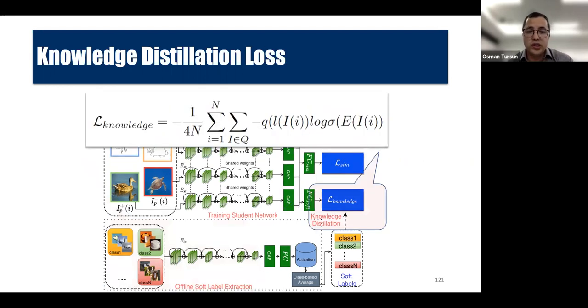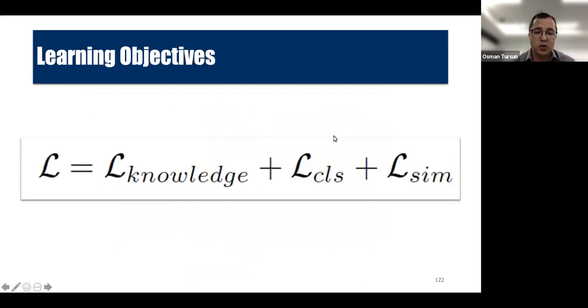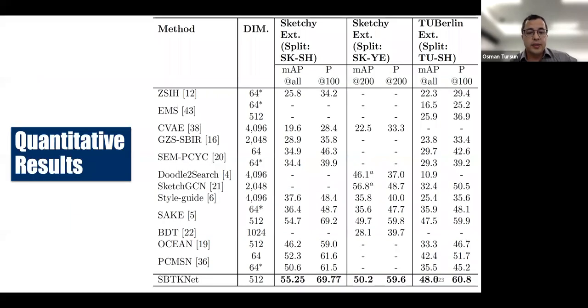So we use this knowledge as a soft label to train the network. This is our overall loss, a combination of our knowledge, the class losses, and the similarity losses. We test our method on the Sketchy and the TU-Berlin datasets.